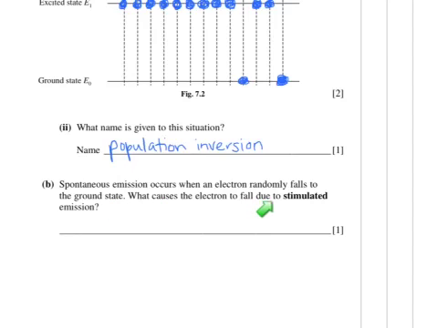What causes electrons to fall due to stimulated emission? So spontaneous emission is whenever it's random, but stimulated is something that is caused to happen. This is the effect. So there's something that causes this, and this is the effect.